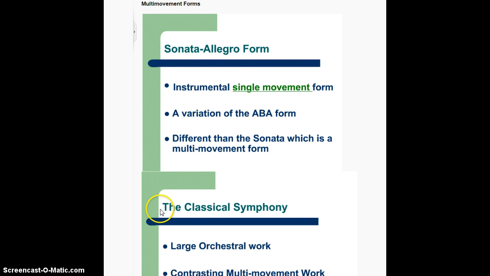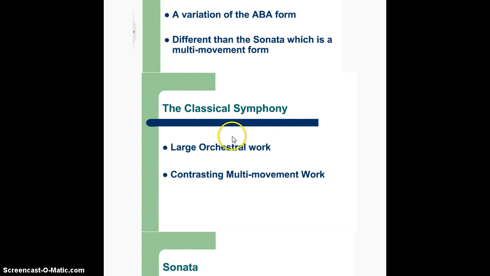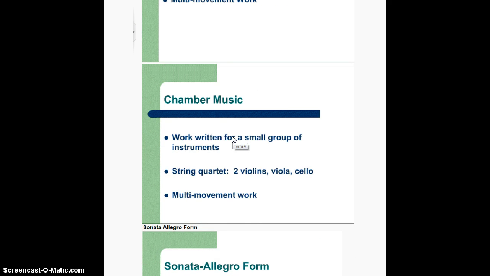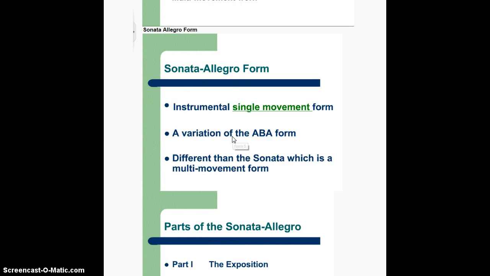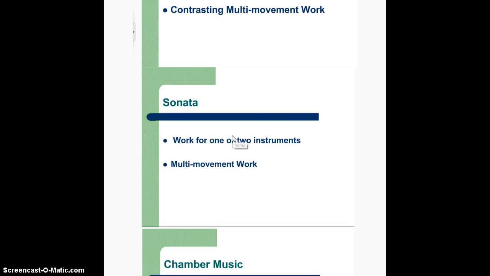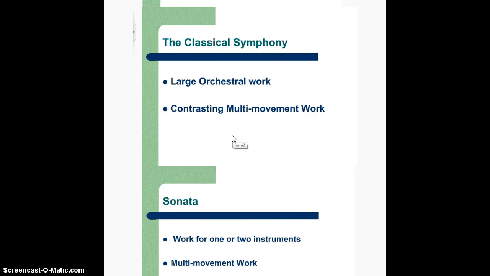Okay, so we're going to use that form to make a form that will be the first movement of the classical symphony, the sonata, chamber music, and the concerto. So let's look at some of these works. A classical symphony is new to the classical period.